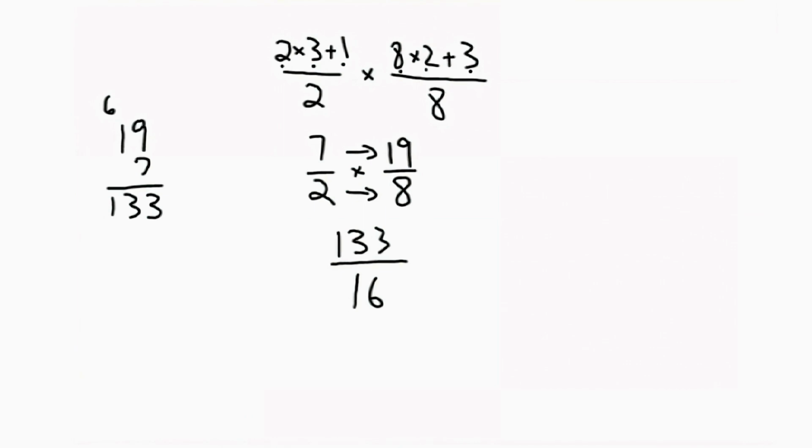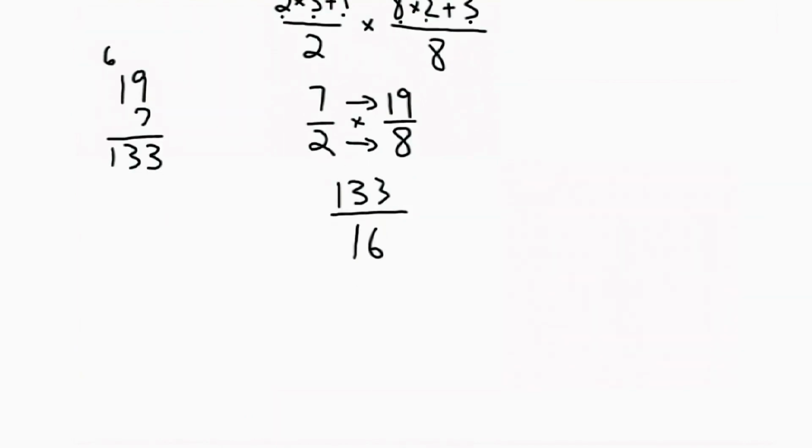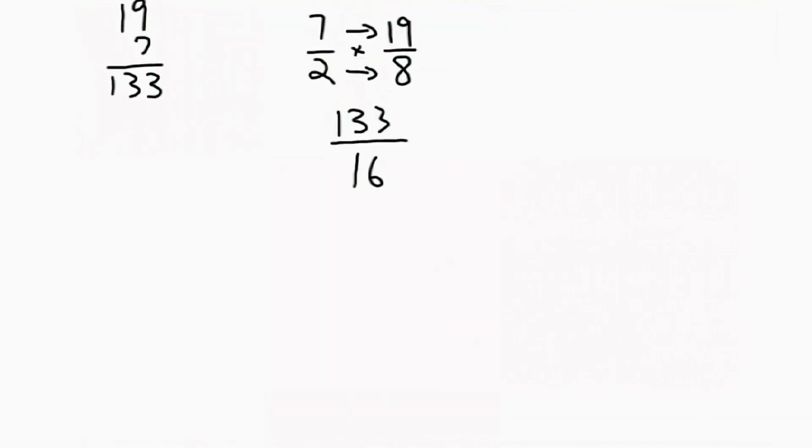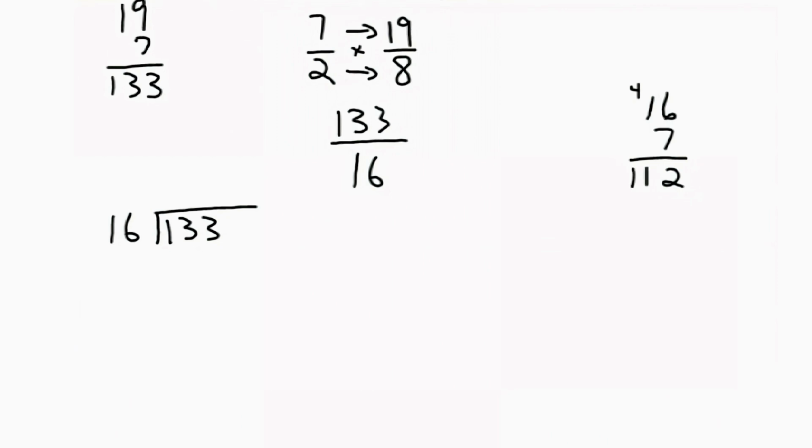Now, 133 over 16 can also be changed into a mixed fraction. For that, we have to do our long division and divide 16 into 133. Let's try 16 times 7. 6 times 7 is 42. 1 times 7 is 7, and 4 is 11. So we're at 112, and we can probably add one more 16 to that to get 128.